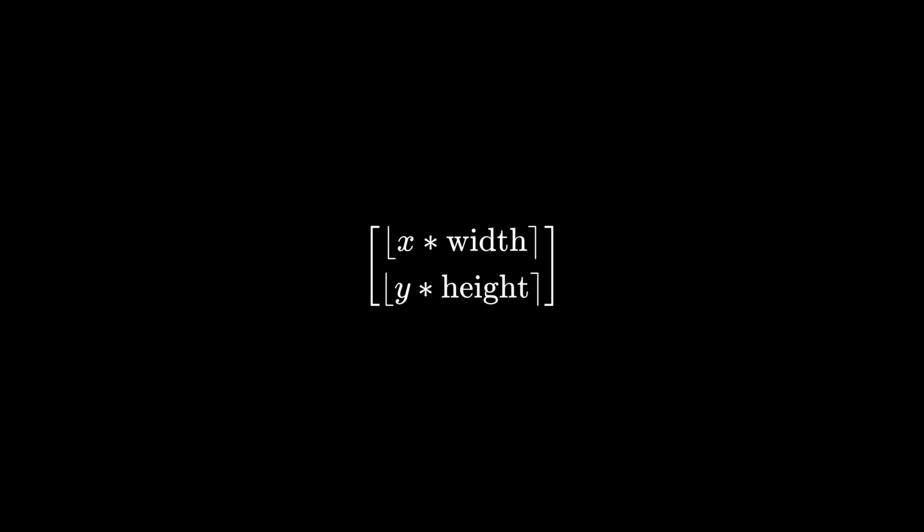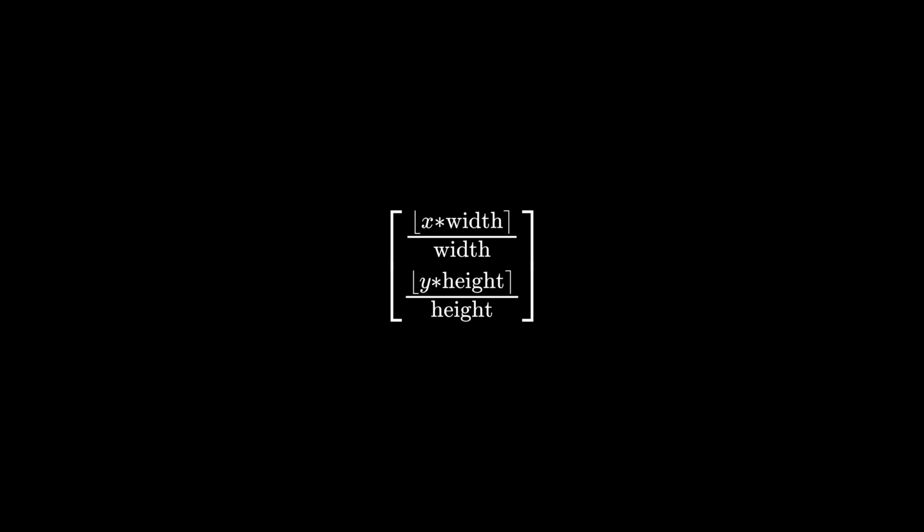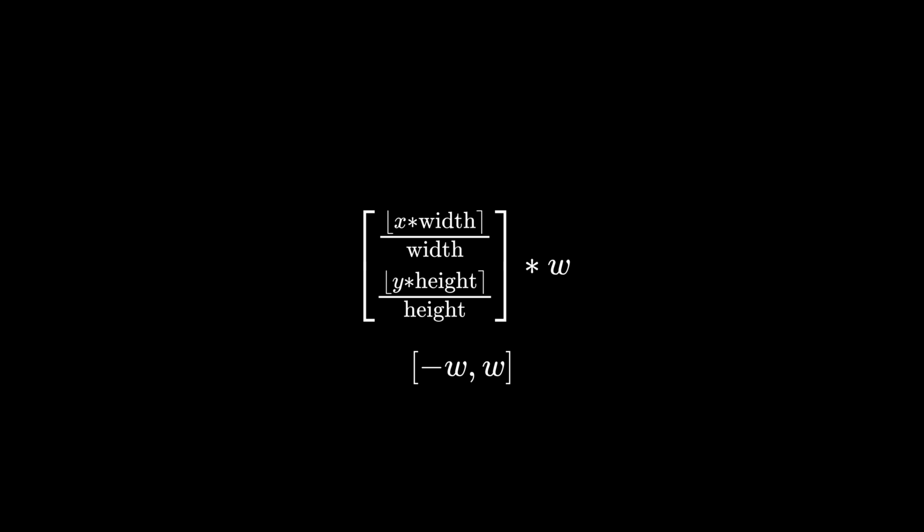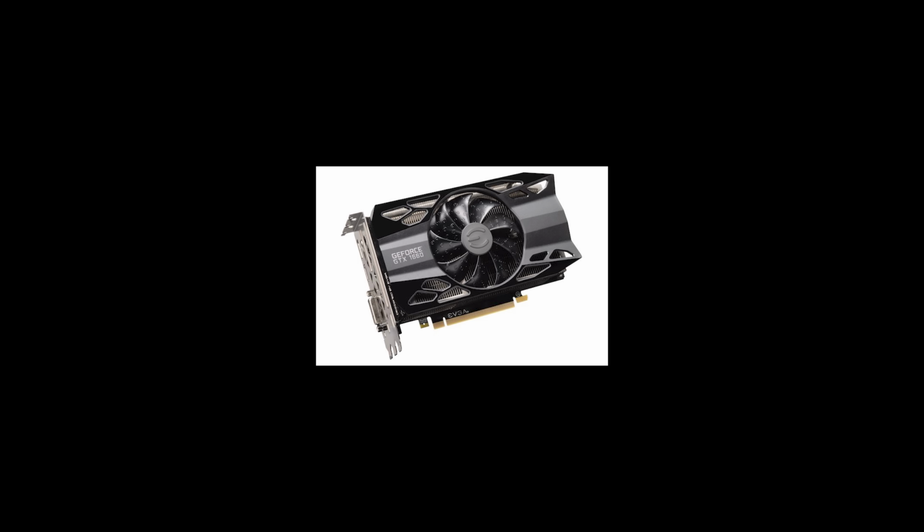Our vertex starts out in local space, which we transform to world space, then view space, then clip space. Remember that clip space positions are in the range -W to W, but if we want to round to the nearest point on the pixel grid, we need to convert to the range of our screen resolution. We divide by W to convert to the -1 to 1 range, multiply by our screen resolution, round the result, then divide by the screen resolution to return to the -1 to 1 range, and multiply by W to return to the -W to W range because the GPU will automatically divide by W later for us.